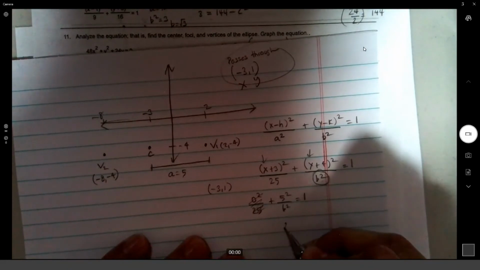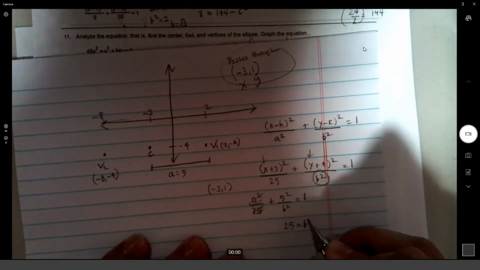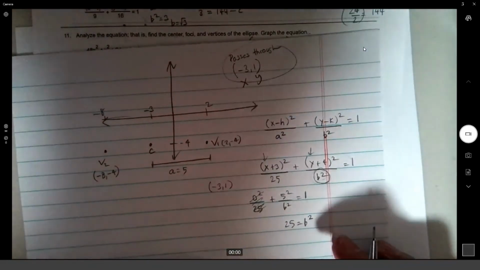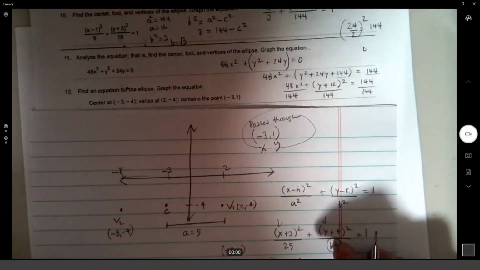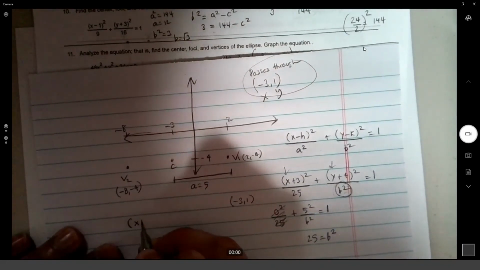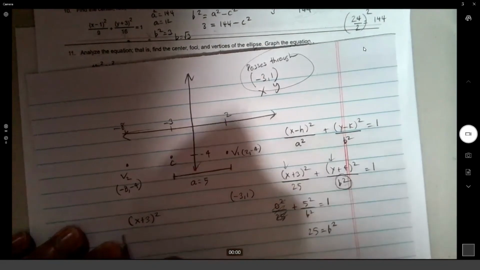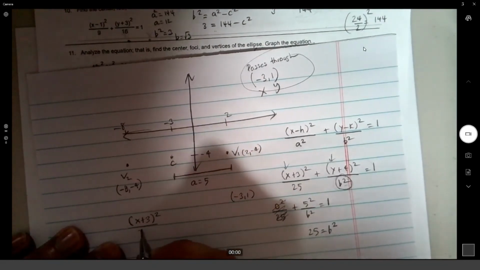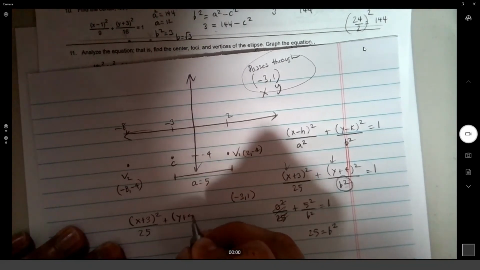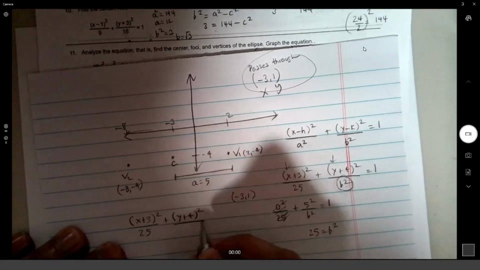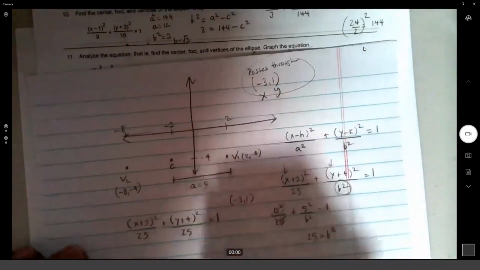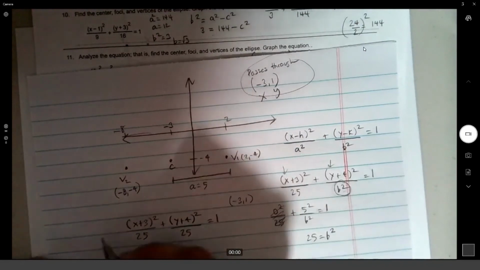So 25 is equal to b squared. So the equation is x plus 3 quantity squared over 25 plus y plus 4 quantity squared over 25. Oh, that's interesting. This is a circle. But there it is, there's the equation.